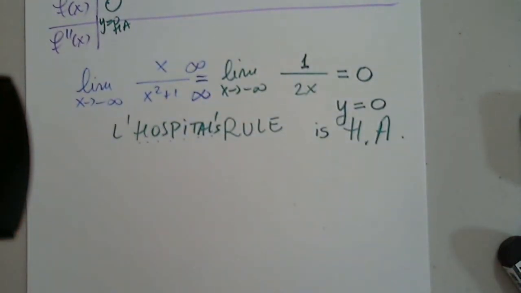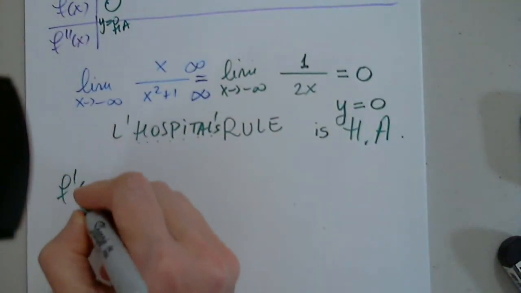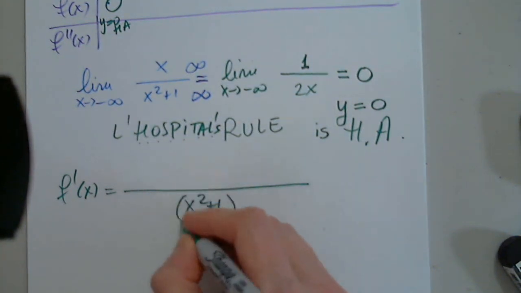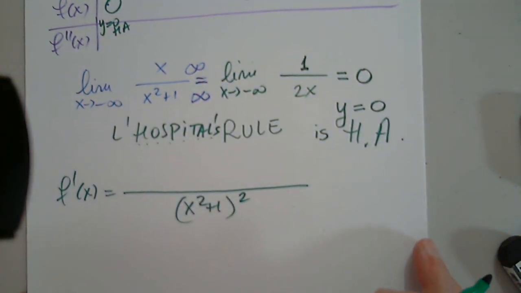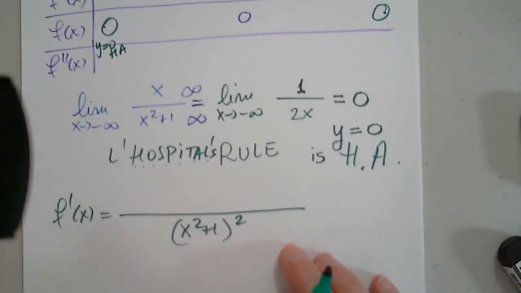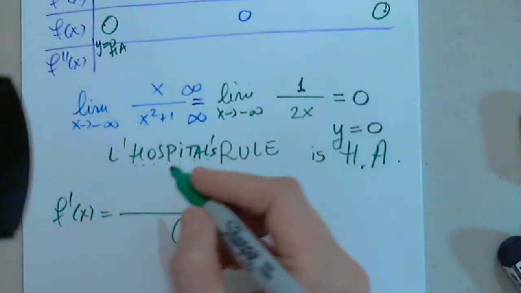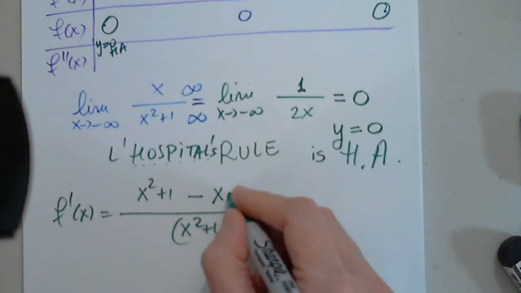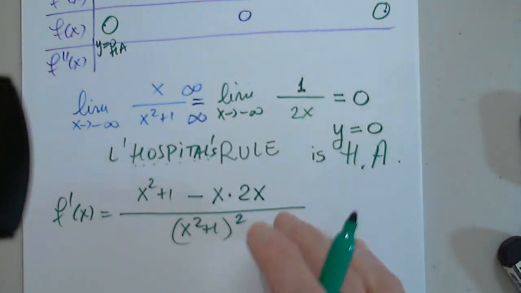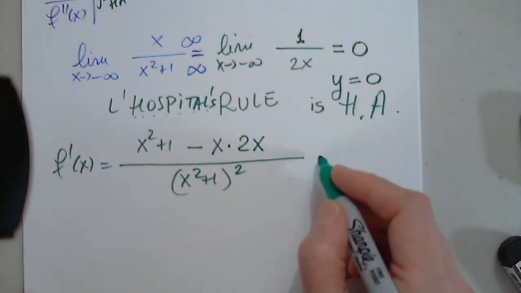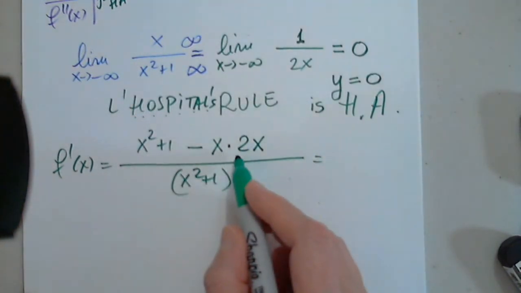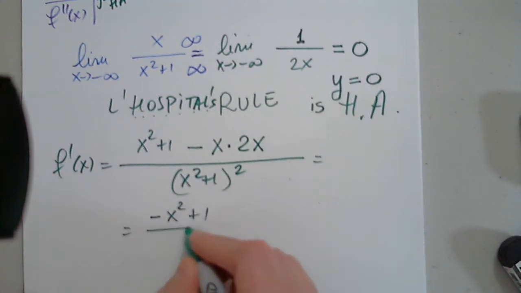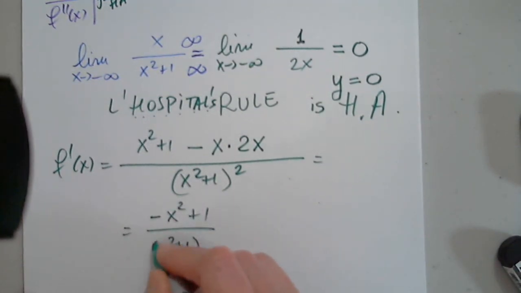So let's differentiate. Can anyone help? I know we've done this several times. So the top function prime is 1, so x squared plus 1 minus the top times the denominator prime. Let's see what happens now. So I have x squared minus 2x squared, negative x squared plus 1 over x squared plus 1 squared.